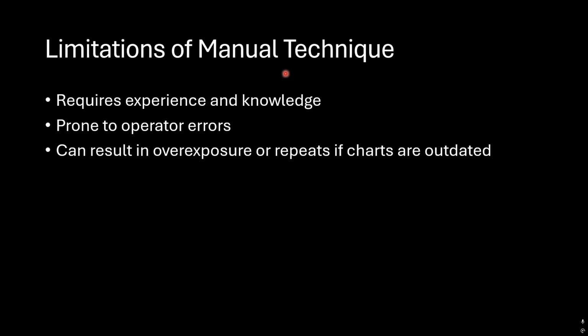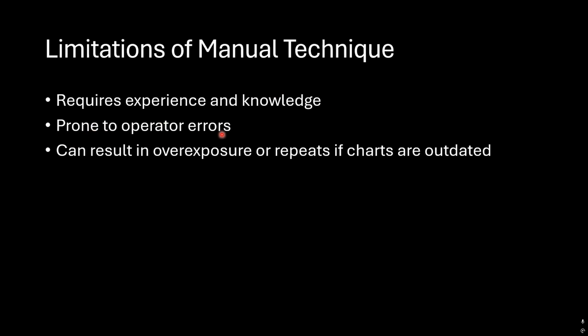What about the limitations or disadvantages of manual technique? It requires experience and knowledge because changing these parameters is not as easy as we think, because every part and every patient has different thicknesses and different types of tissues in this area, so we need to adjust these parameters according to that.